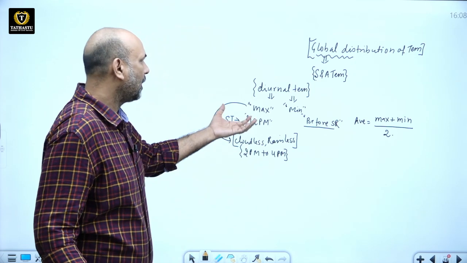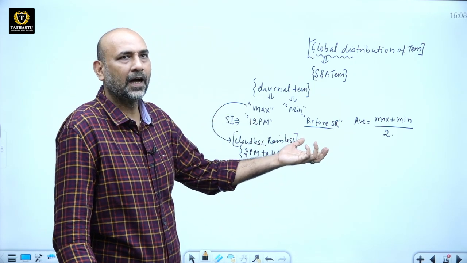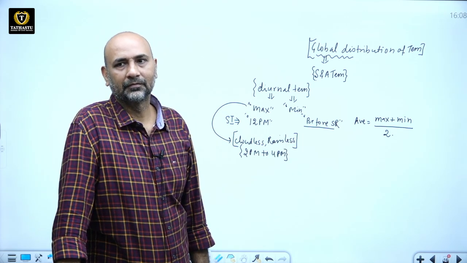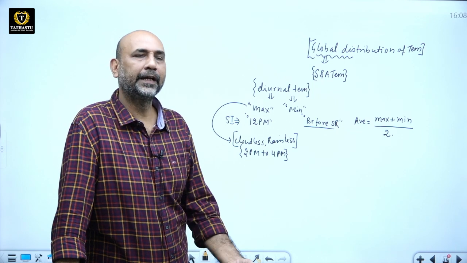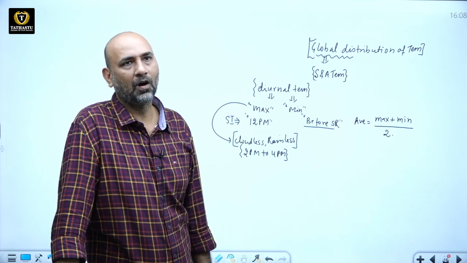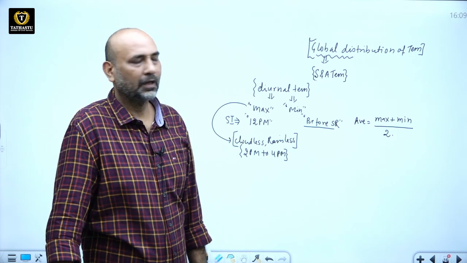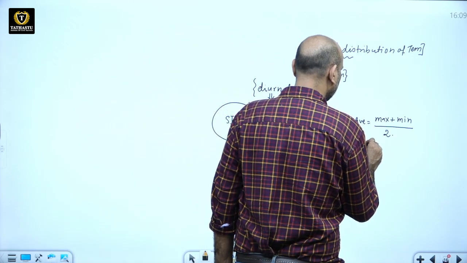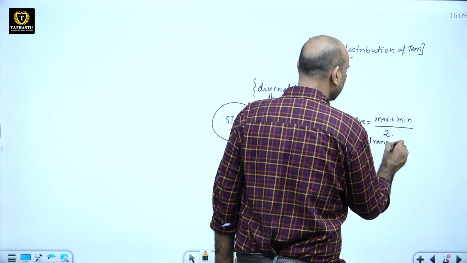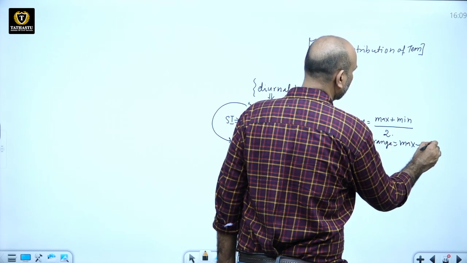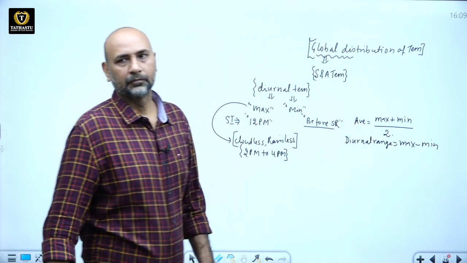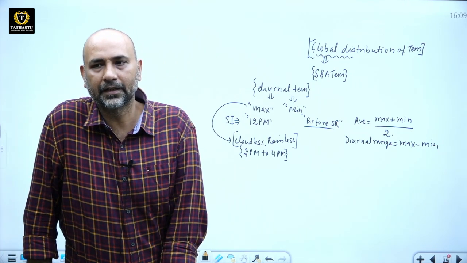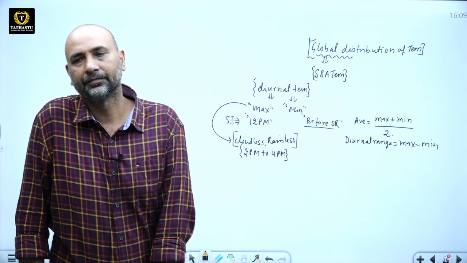So remember that cloud and rain are also sources of short-term temperature variation. Cloudy days are cooler, cloudy nights are warmer, and that is also called diurnal range. Diurnal range is going to be maximum minus minimum.